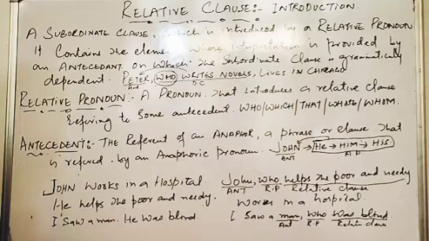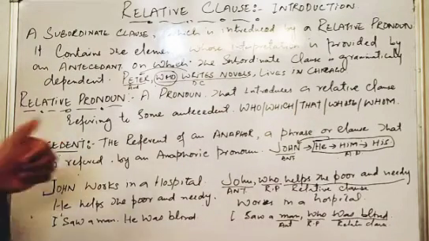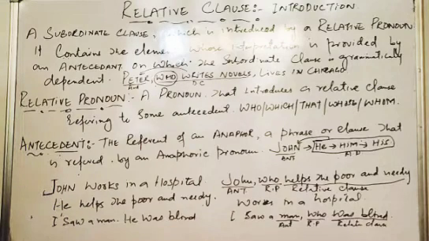Let us see what an antecedent means. The referent of an anaphor, a phrase or clause that is referred to by an anaphoric pronoun. If we define it in simple language, antecedent means predecessor, as you can understand it from the maths point of view.